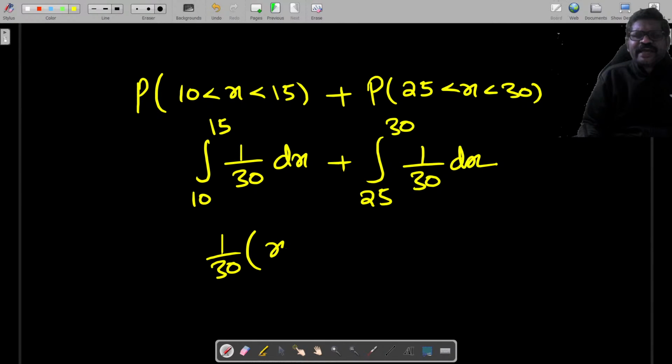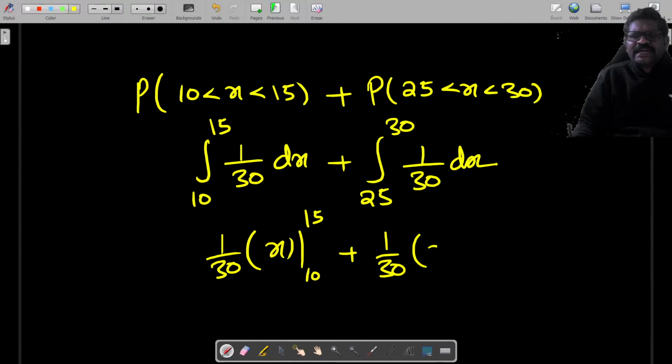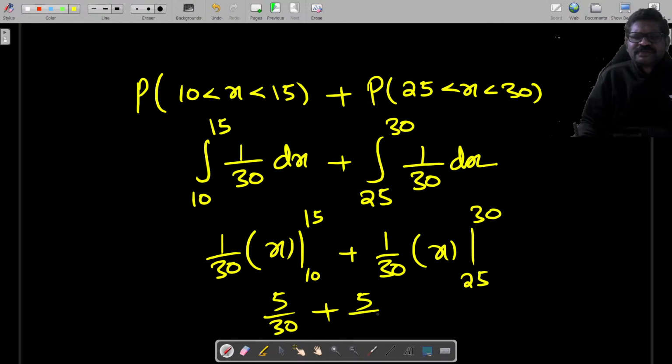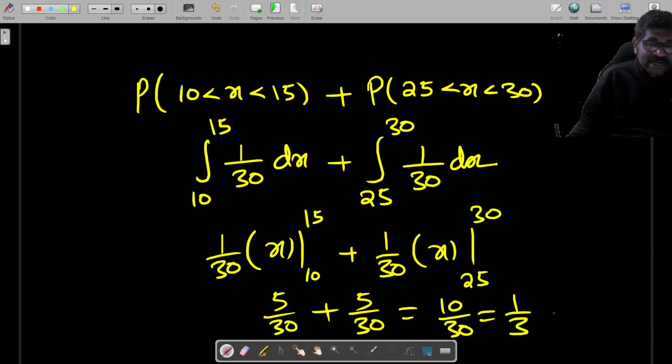Integral dx is x, from 10 to 15, and x from 25 to 30. That is 5 by 30 plus 5 by 30, that is 10 by 30, that is 1 by 3. So the required probability is 1 by 3.